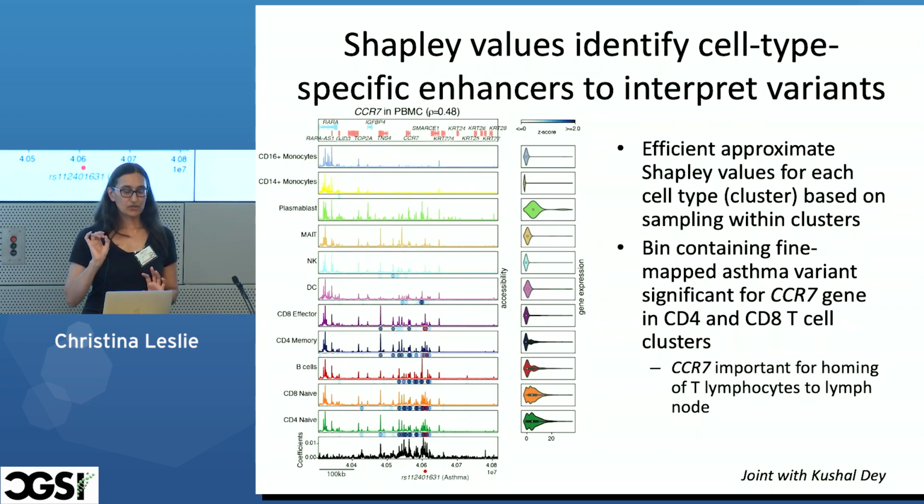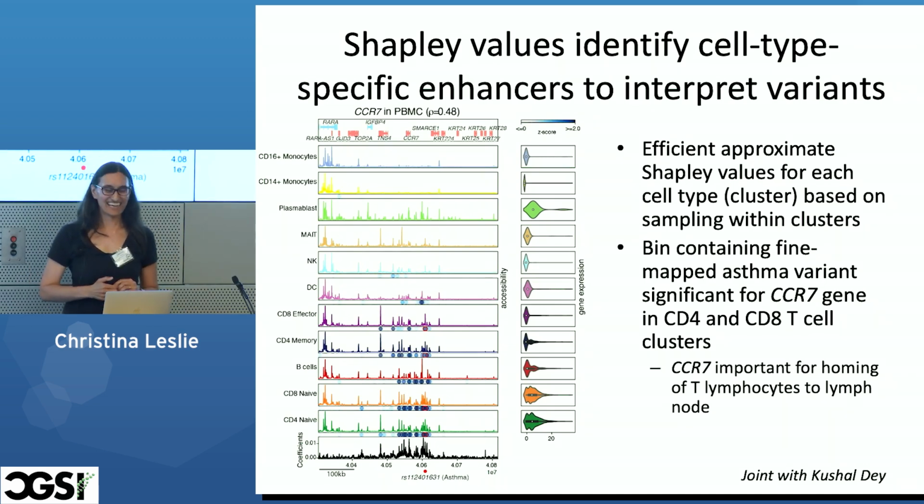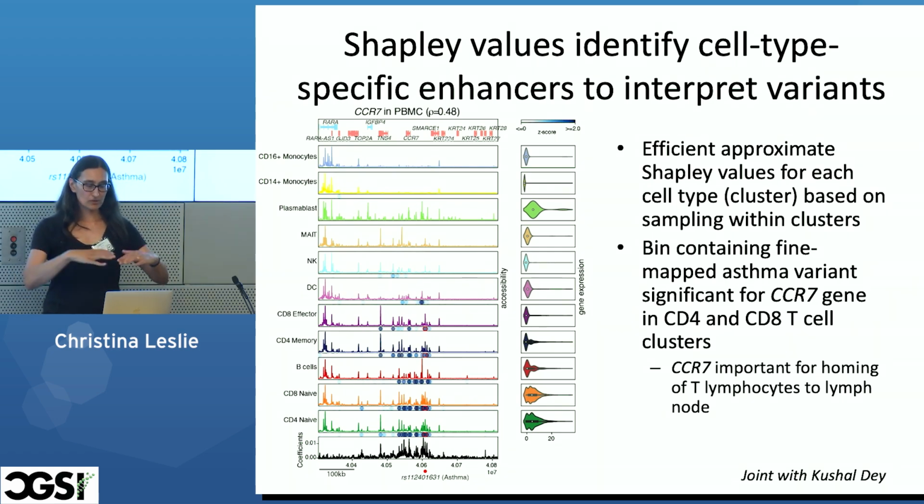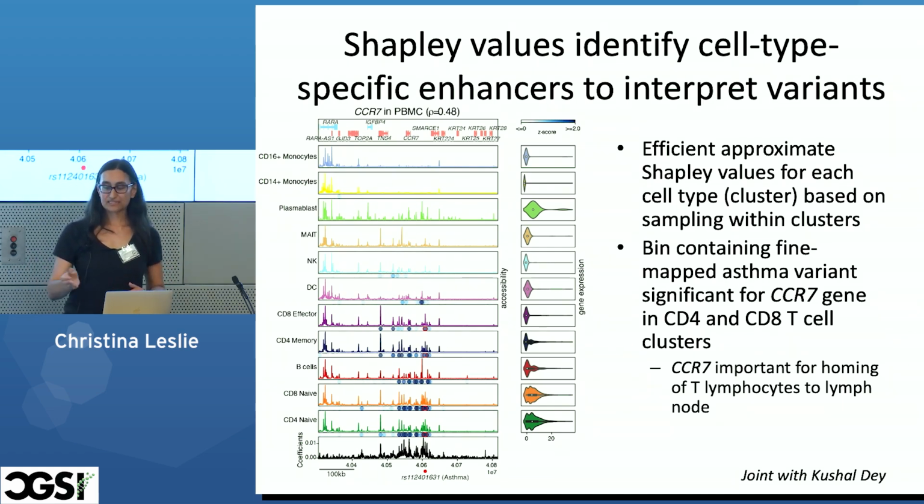One more thing to tell you, and then I think I should go to the end. So we have this regression model. This is another example. We're modeling CCR7, again in the PBMC. Okay, CCR7 is this little gene here, and we're looking at the context.